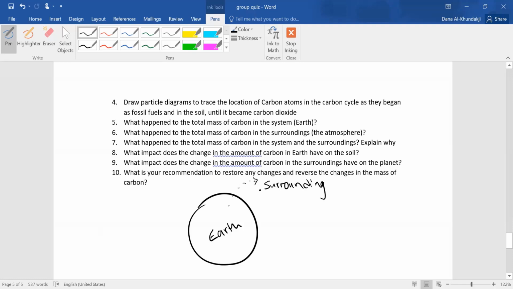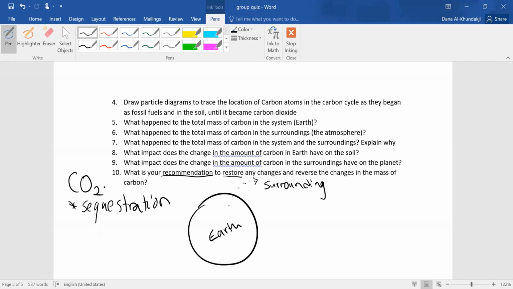And what are your recommendations to restore? In that, I'm going to give you a keyword here. This is called sequestration. It's a big word. We call it carbon dioxide sequestration. A lot of coral reefs do that. Trees do that. Ants help the soil do that by digging and allowing the CO2 to enter the soil and then react with other elements.